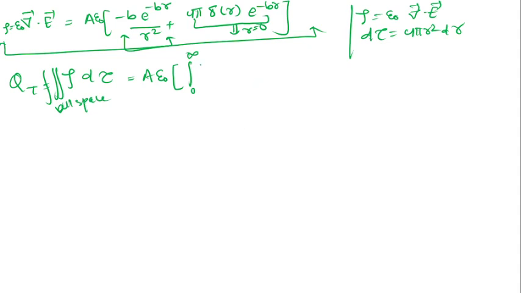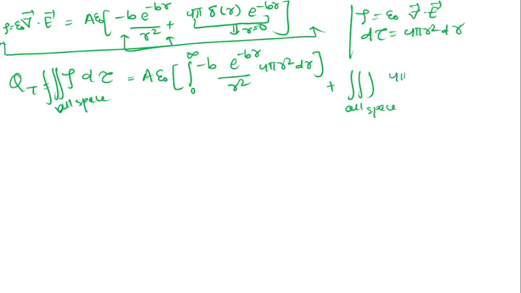So we get minus b e to the power minus br upon r square into 4 pi r square dr, plus, again over all space, 4 pi delta of r e to the power minus br d tau.